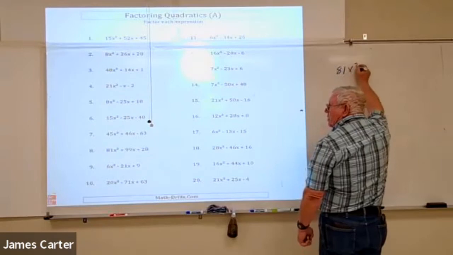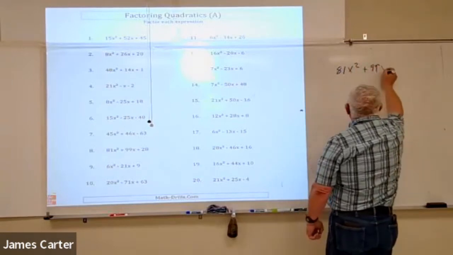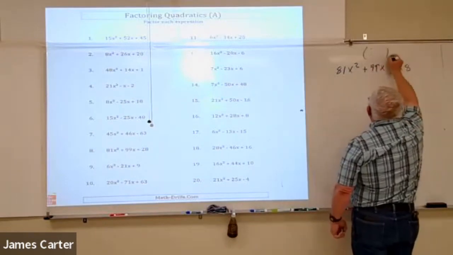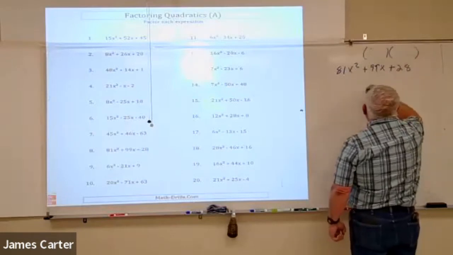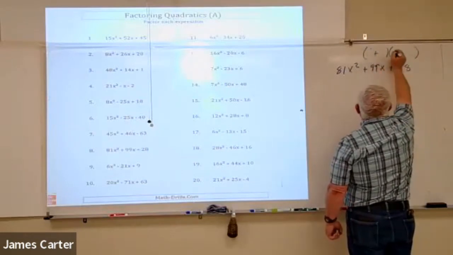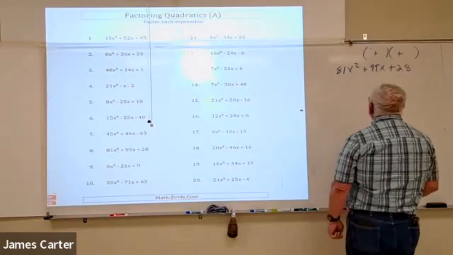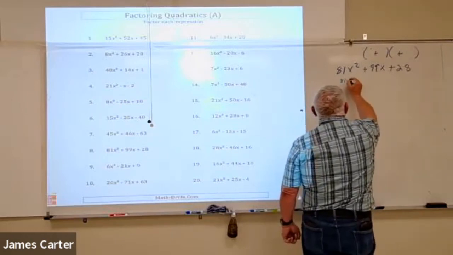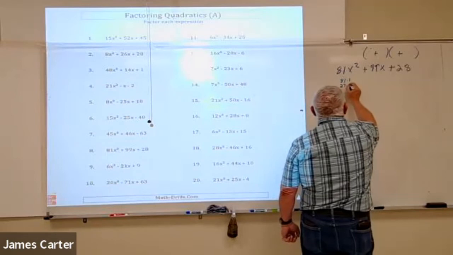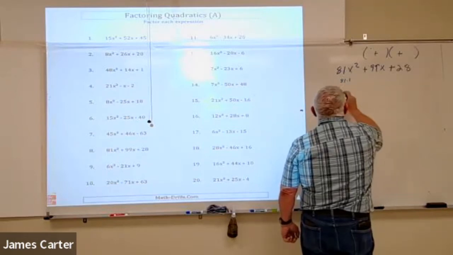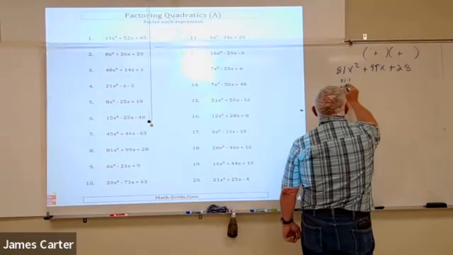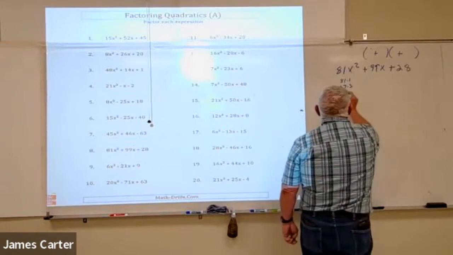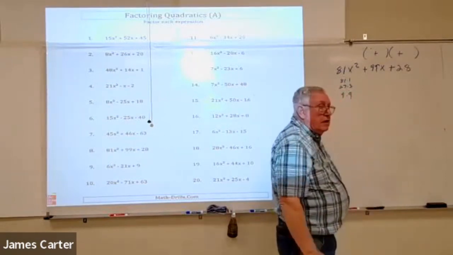81x squared plus 99x plus 28. Okay, this thing is going to end up with potentially a plus plus. Okay, well, we've got 81 times 1, 27 times 3, 9 times 9, right?